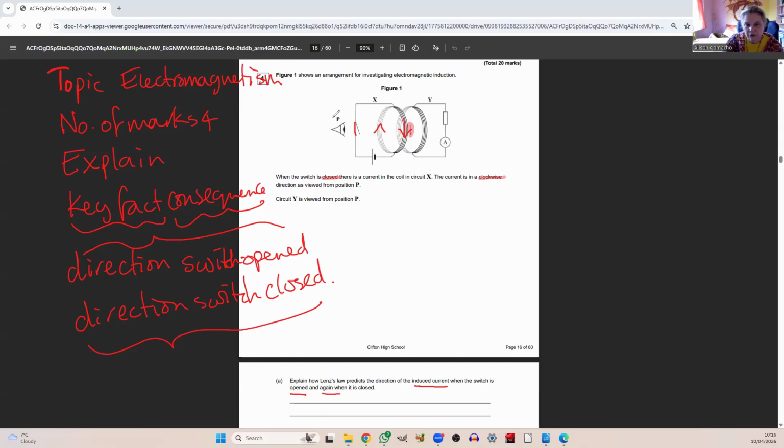Okay, so clockwise from the point of view of somebody at position P. That's an I. I don't know if you can tell. Okay, then it says circuit Y is viewed from position P. Okay, so you are looking at it from that left-hand end. They've done that because they want to make it clear what point of view you should use when you are describing and explaining things later on in the question.